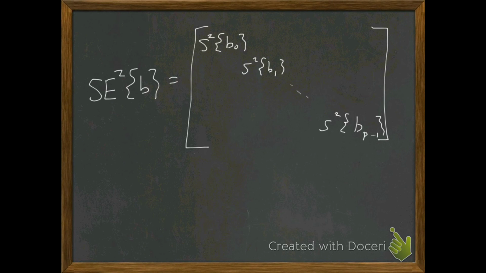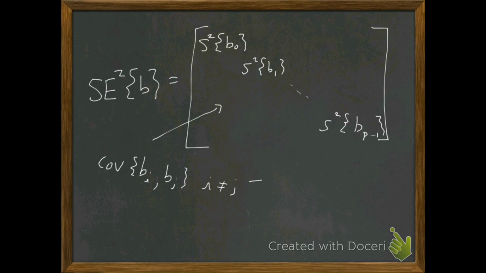Now what happens here is we get our covariances. We'll actually get the covariance, not the covariance squared, of b sub i and b sub j, where obviously i is not equal to j. If i was equal to j, it would be on our diagonal.